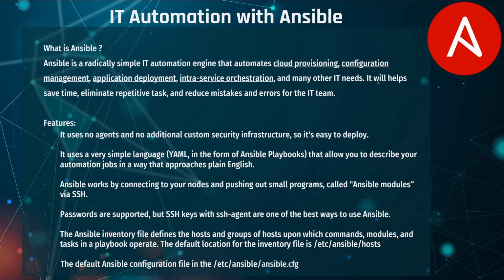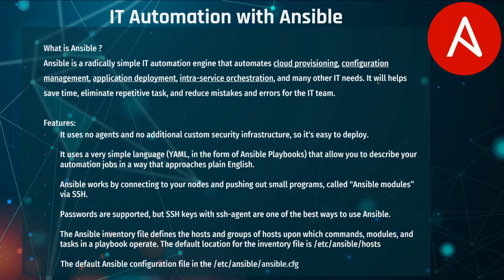Ansible works by connecting to your nodes or the target servers and pushing out small programs, called Ansible modules, via SSH to transfer information securely. Passwords are supported when connecting to the target nodes.